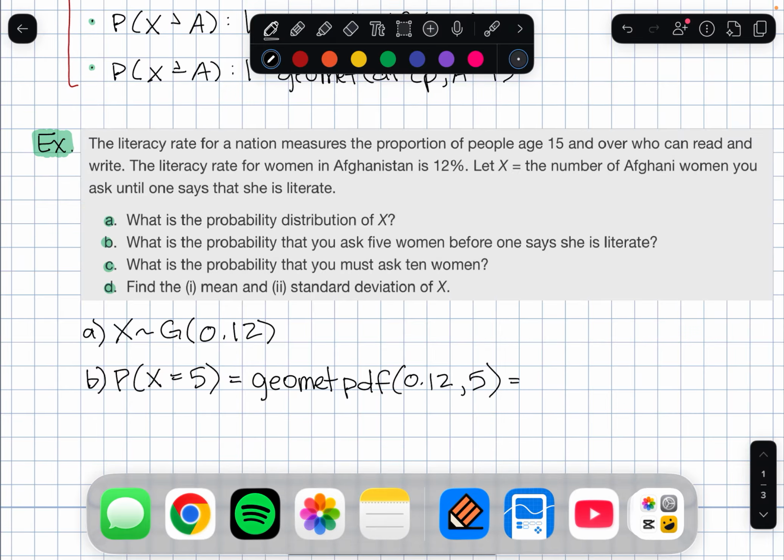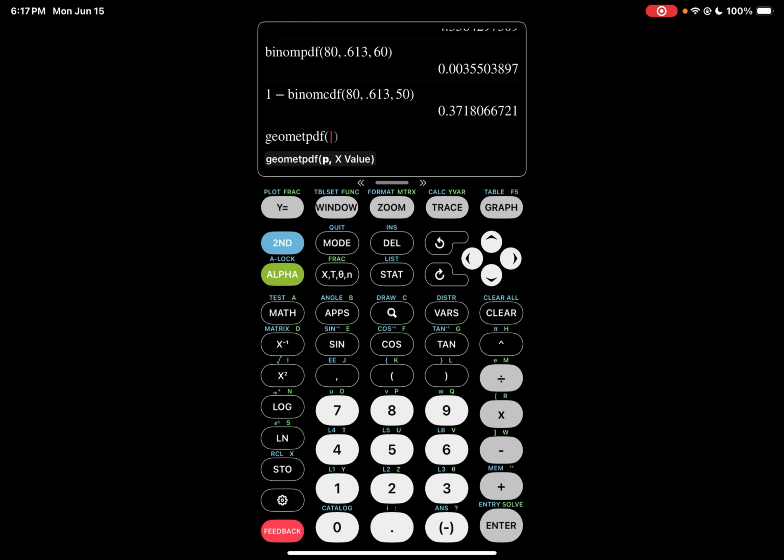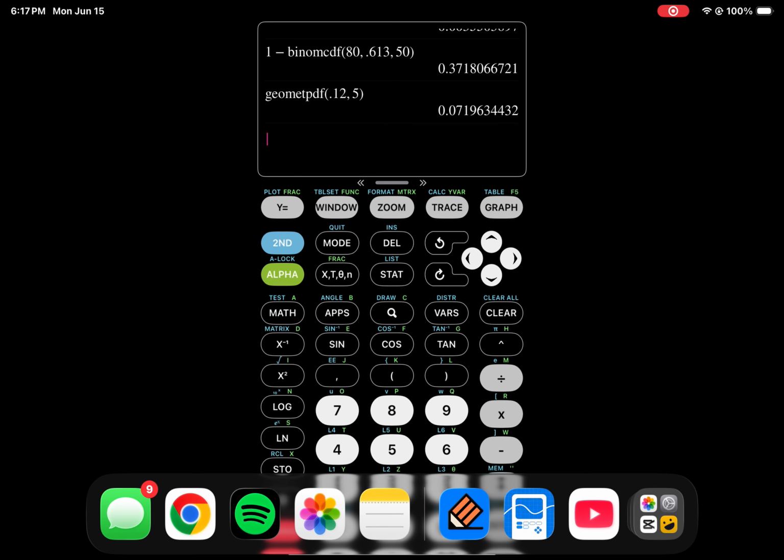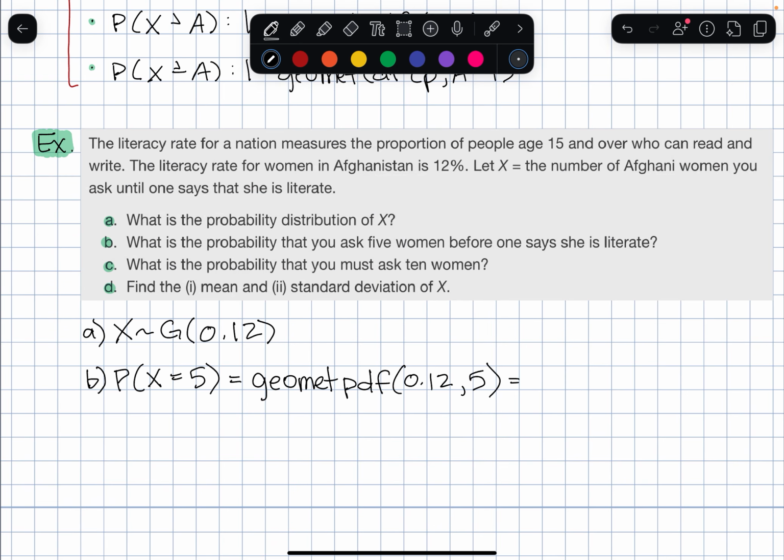So let's go ahead and plug that in our calculator. So geometpdf, probability of success, number of trials, and we get 0.072 if I round that.